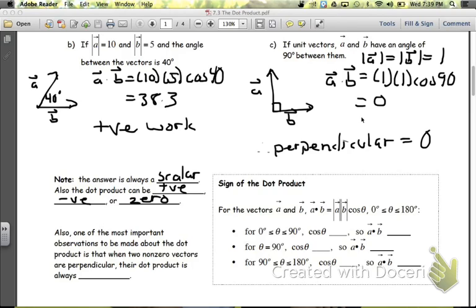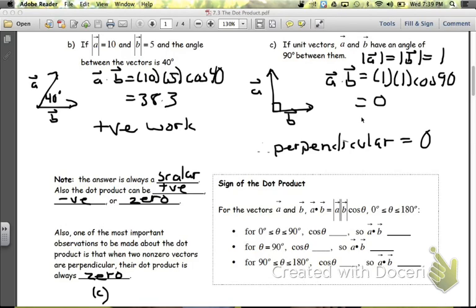One of the most important observations to be made about the dot product is that when two non-zero vectors are perpendicular, their dot product is always going to be 0, like we saw in part C. Also, talking about the sign of the dot product, for the vectors A and B, the dot product of A and B is the magnitude of A times the magnitude of B times cos theta, where theta is between 0 and 180 degrees.